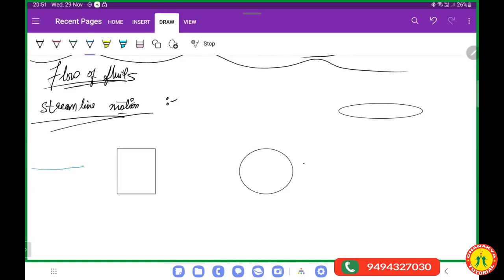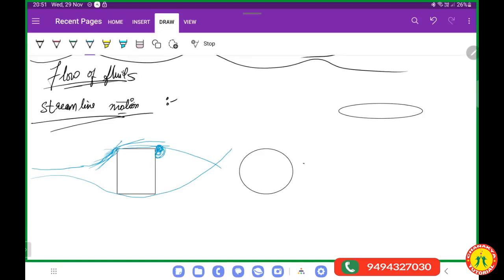Fluid in the sense of air, I'm talking about air right now, or water. It will be moving here, and at this point it will drop. Same way here, it will drop here. This means the fluid will disconnect from the object.